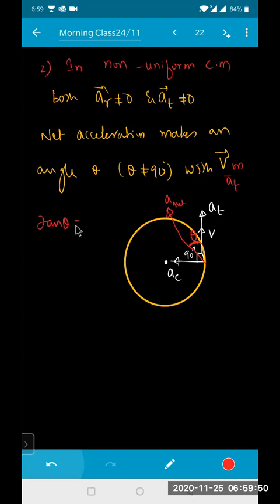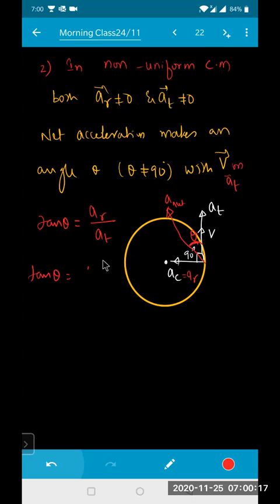Now how do you write the value of tan theta? So tan theta is equal to a radial divided by a tangential. Can anyone tell me how much the radial acceleration will be, and how much the tangential acceleration will be for the given condition?